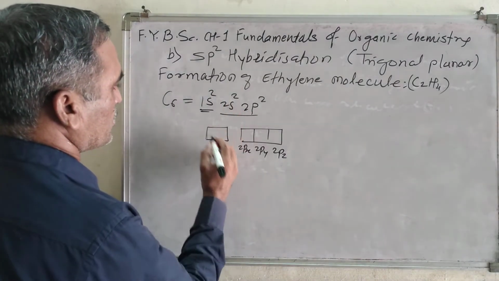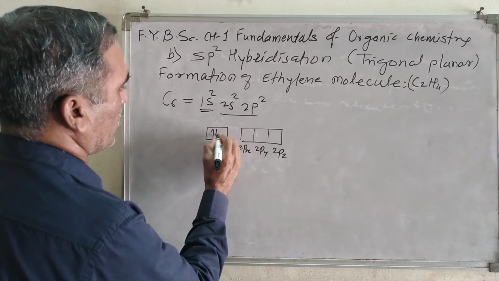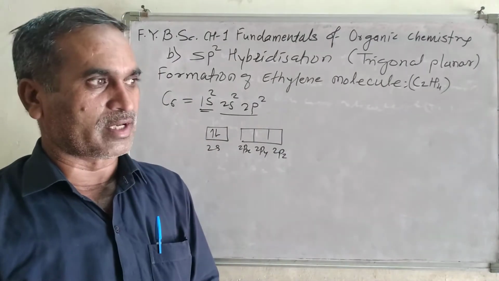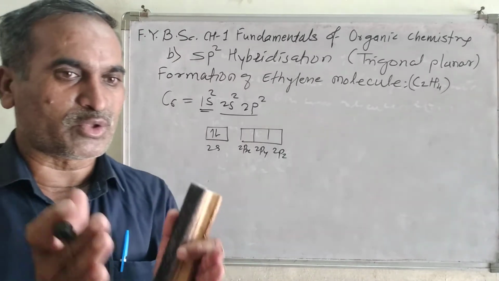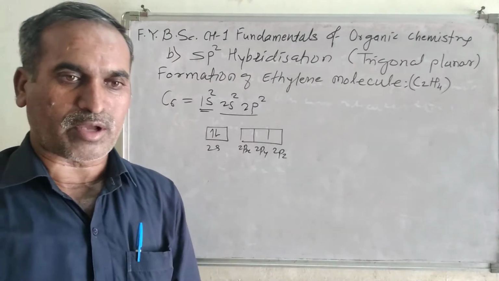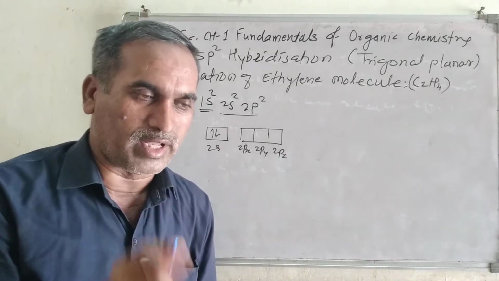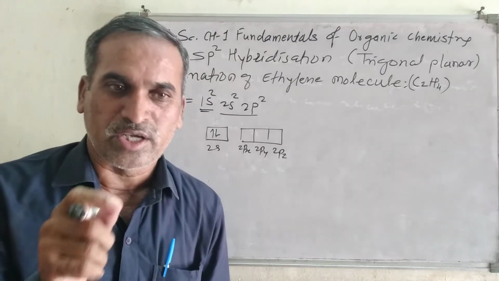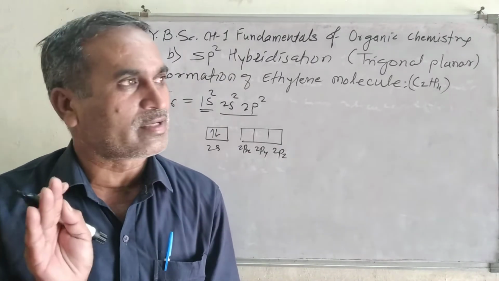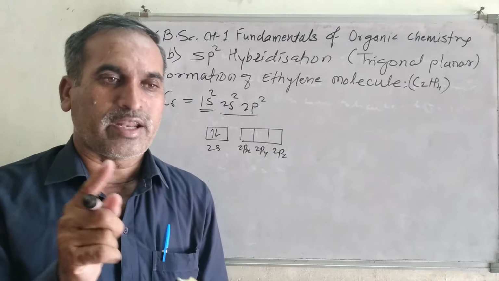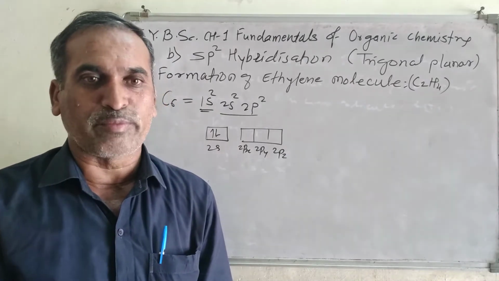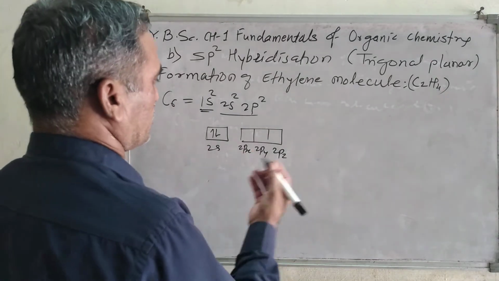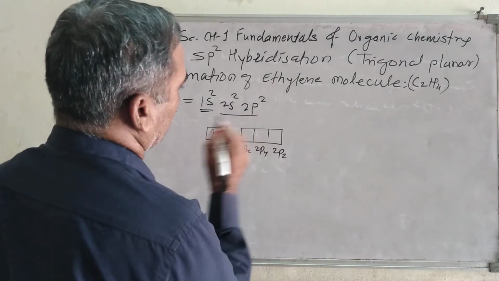The maximum capacity to accommodate electrons: s orbital can accommodate 2 electrons, p orbital 6 electrons, d orbital 10 electrons, and f orbital a maximum of 14 electrons.